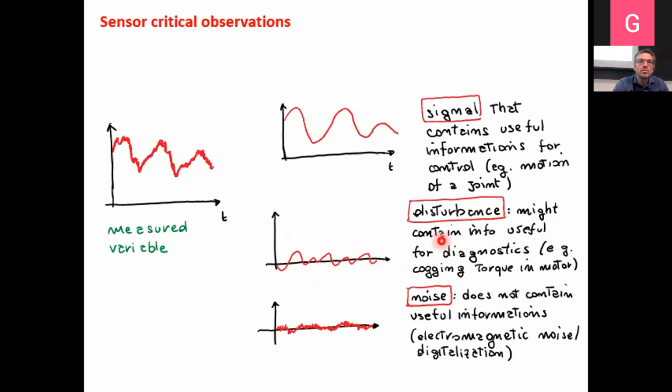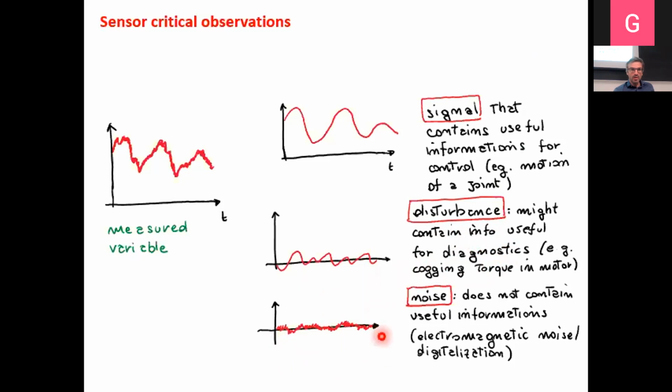And you can use the disturbance to see where something goes wrong. Looking at the signal, you can detect if something is getting loose, like a screw, and then vibration increases. So you can see that a failure is about to come, and you can use this signal for diagnostics.